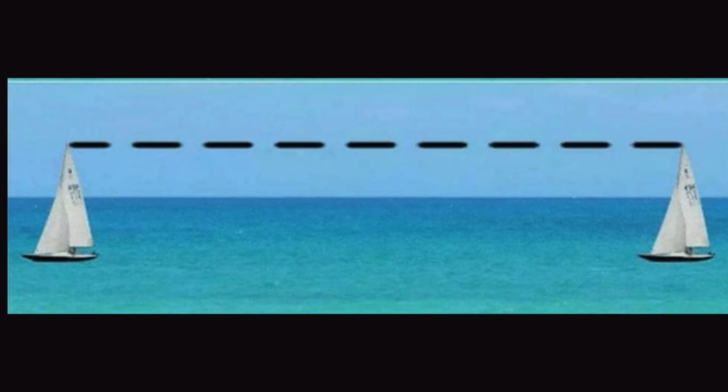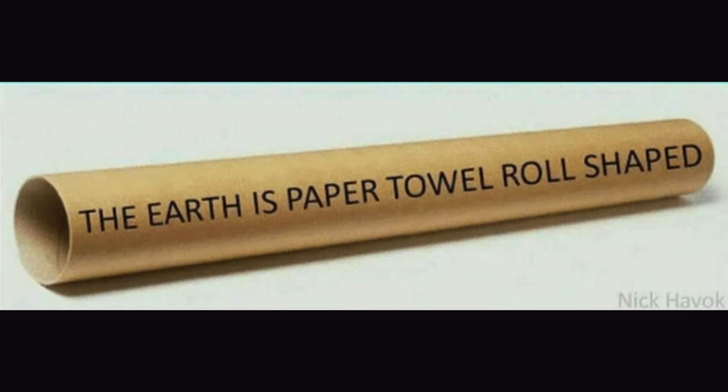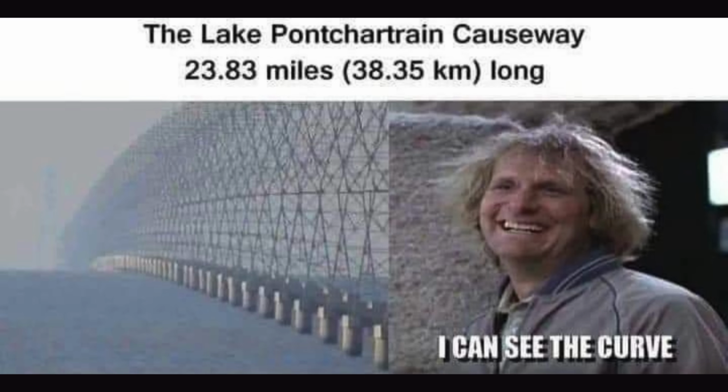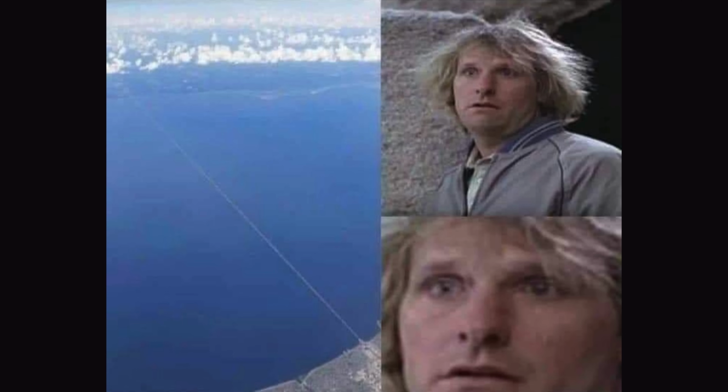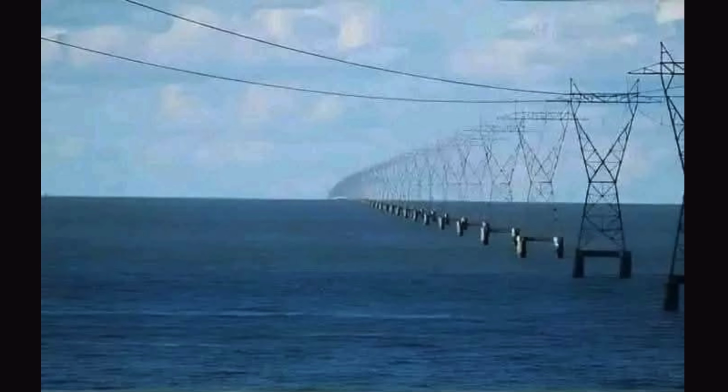That would only be possible if the Earth was shaped like a paper towel roll, but we know that's not the case. So here is another example with this causeway, which is 23.8 miles long, and there is this photo saying that, oh, there's the curvature. Same thing, straight horizon line. And if we look at it from an aerial footage, you can see that there is no curvature there.